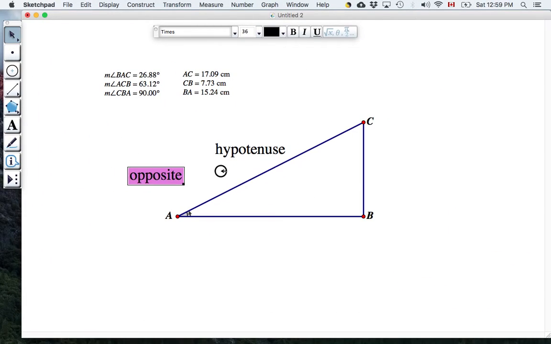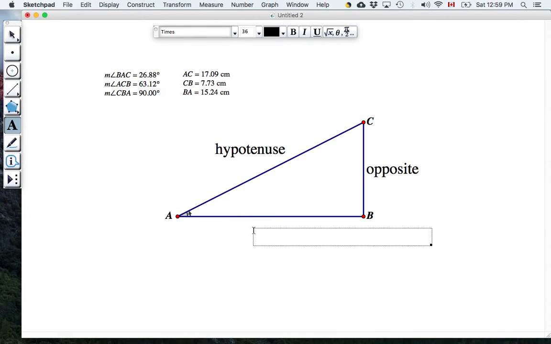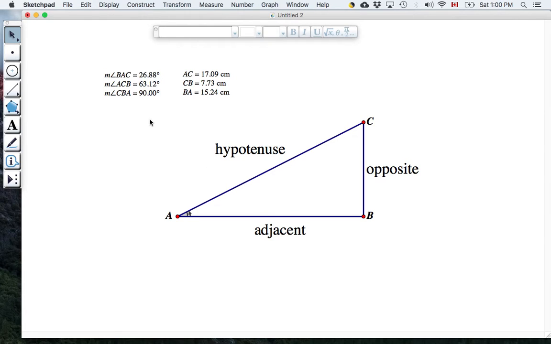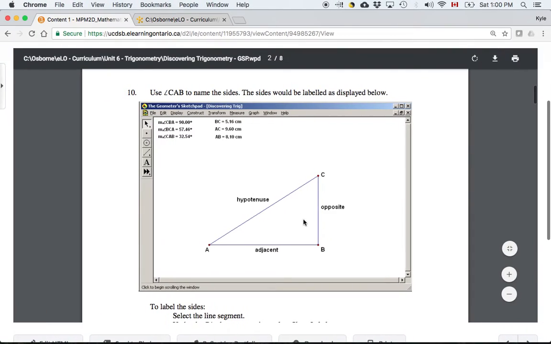The opposite side is going to be on the opposite side of angle A. And last, we've got the adjacent side, which is the leg of the triangle that's connected to angle A. Okay, so now I've got my triangle fully labeled. I've got the angles, I've got the side lengths, and now let's see what's next.